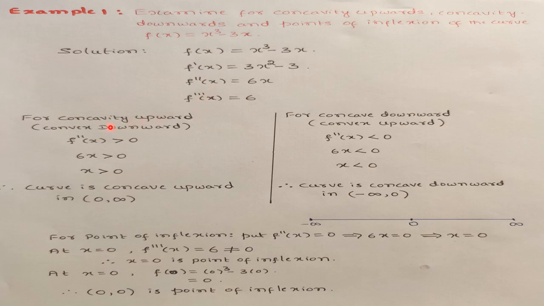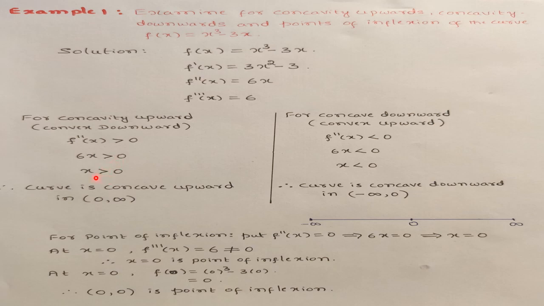Okay. First see for concavity upwards. We will say the function is concave upwards if f double dash of x is greater than 0. F double dash of x is here 6x. 6x is greater than 0, that means x is greater than 0.